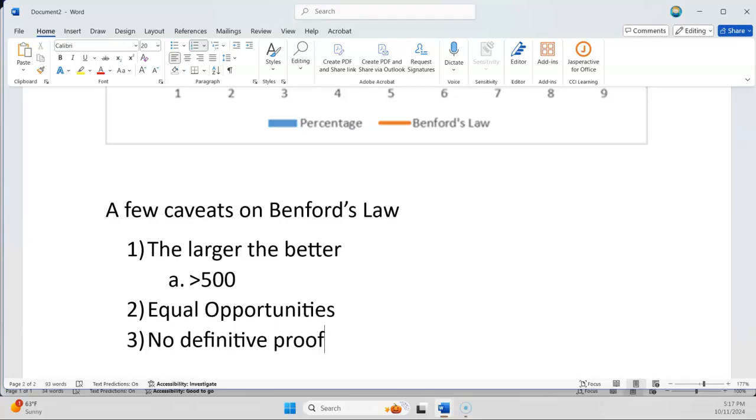So some CPAs have attempted to establish mathematical thresholds by using z-score calculations. Remember, we talked about that a couple days ago, to definitively measure and interpret the law calculation, but these really don't make the law any more or less accurate. They merely help lessen the subjective interpretation of whether or not a chart adheres to Benford's law.